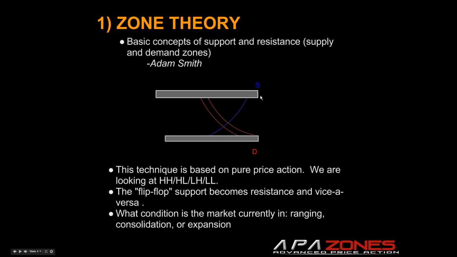The sellers are in abundance, and a lot of product is in the market, and so if there's no buyers, the price has to go down until it finds a place where it's attractive again. So just by the very nature of that cycle that occurs in price, we see supply and demand zones being produced, and it's very, very evident in fluid markets.